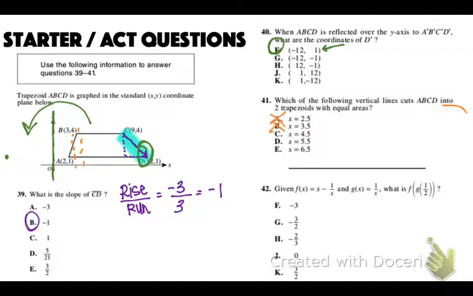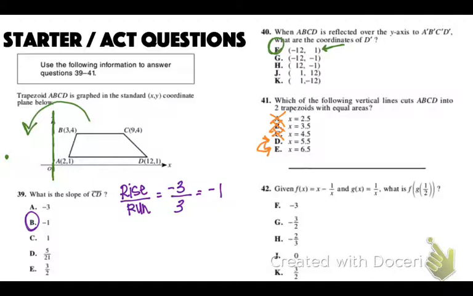I still don't think that works. 4.5, maybe, I don't know. 5.5 and 6.5, somewhere in there. These two are the two that I think we should check. So now I've narrowed it down to 2 of these. So I'm just going to erase all of this.